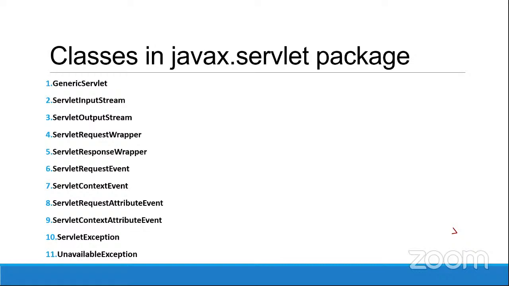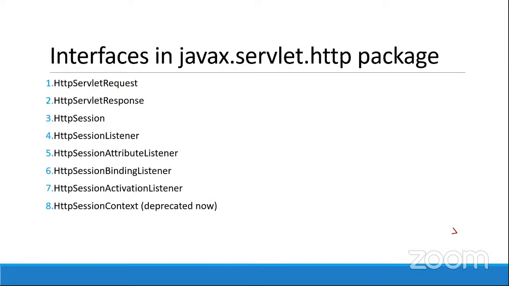And now we'll see the interfaces which are present in the servlet HTTP package. So please observe, these are important actually. So HttpServletRequest, HttpServletResponse, and HttpSession. So this is very important. And HttpSessionListener and attribute listener, binding listener. So mainly we will be discussing the top 4: HttpServletRequest, response, and session, okay, session listener.